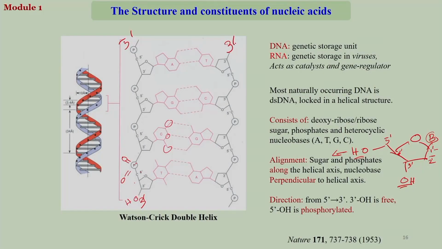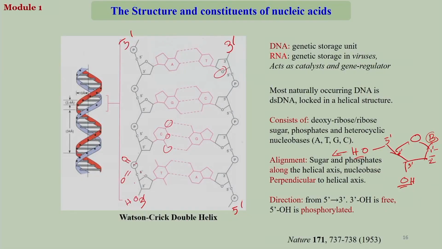Once you turn it upside down, making it 3 prime up on this one and 5 prime down, so one is 3 prime to 5 prime and the other is 5 prime back to 3 prime, in opposite orientations, with the sugars facing down, then the nucleobases come within proper hydrogen bond distance.